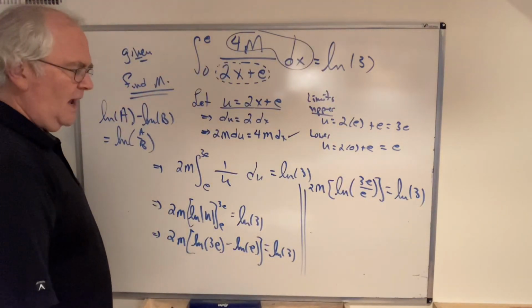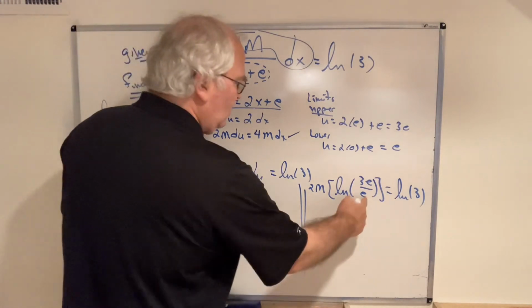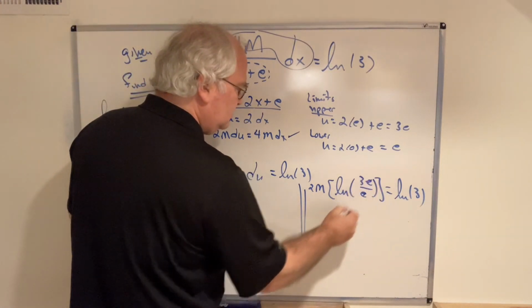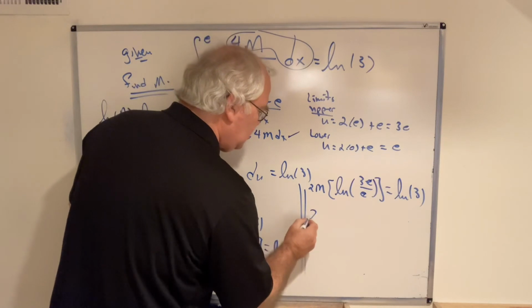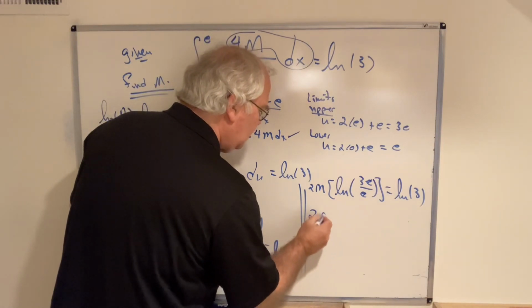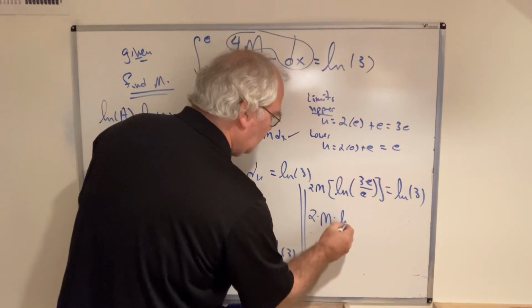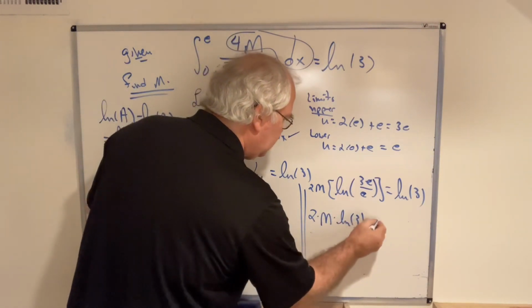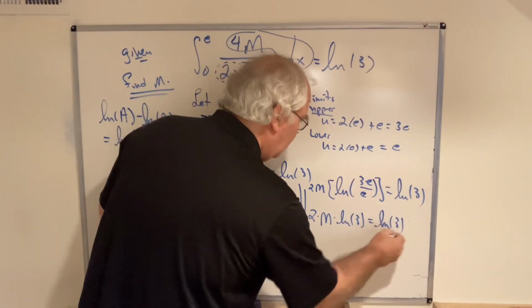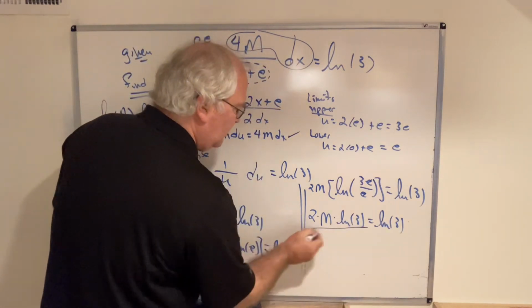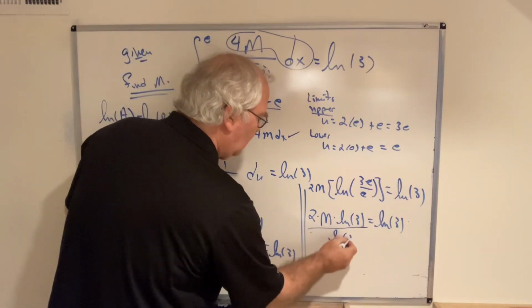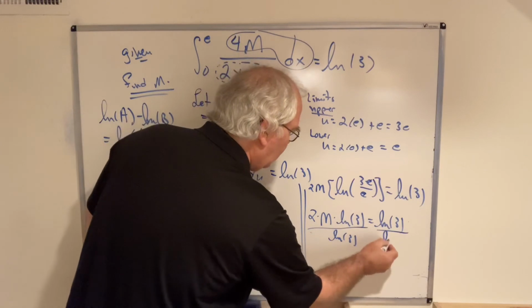And so what do we get out of that? Well, the e's cancel. So we're left with 2 times m times the natural log of 3, is equal to the natural log of 3. And this is convenient because now we divide out log 3.